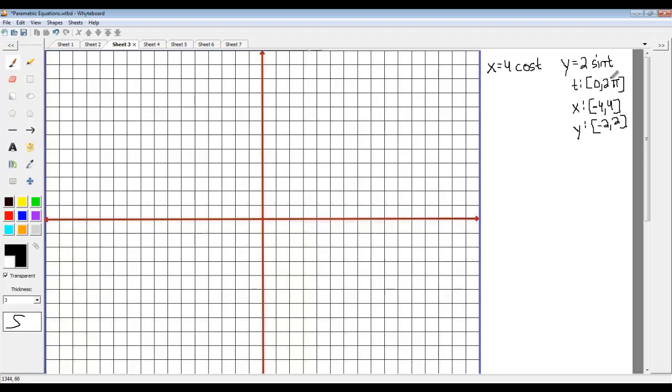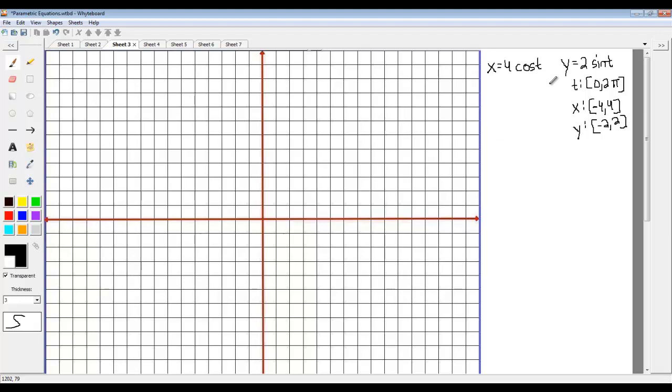Because you take 0 and 2 pi and look at what's happening to the cosine, it ranges from -1 to 1, and then times 4, so it's going to range from -4 to 4. And then sine from 0 to 2 pi is going to go from -1 to 1, times 2 is going to go from -2 to 2. Okay, so I got that out of the way.